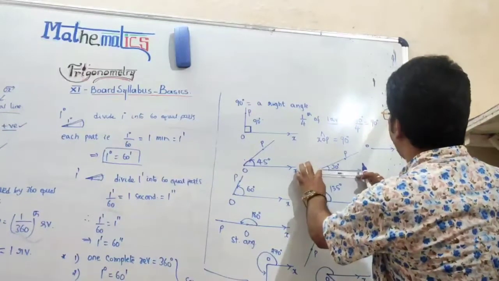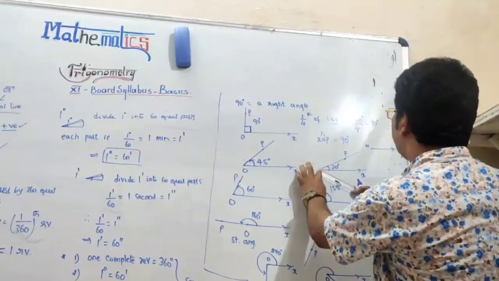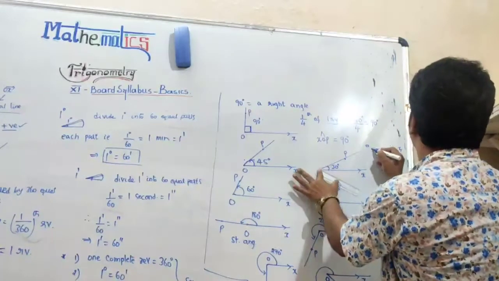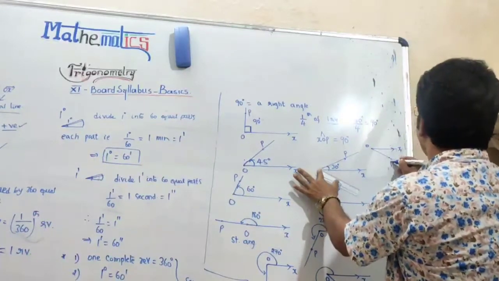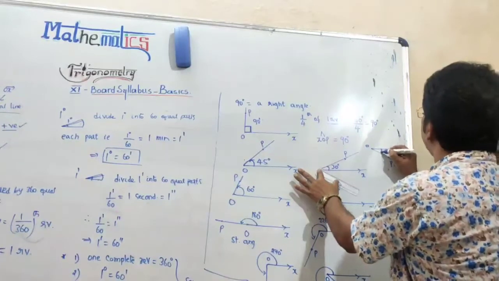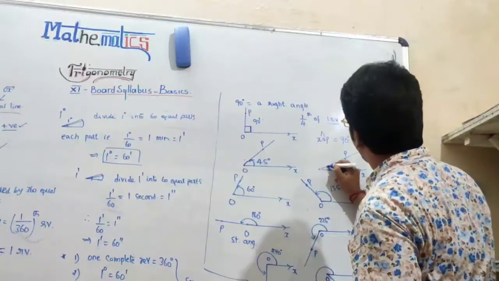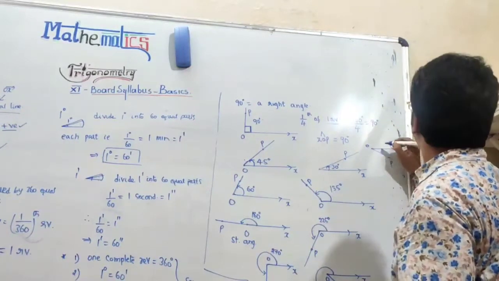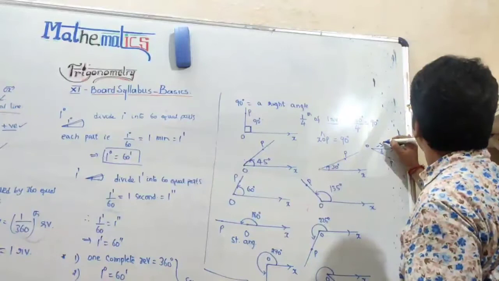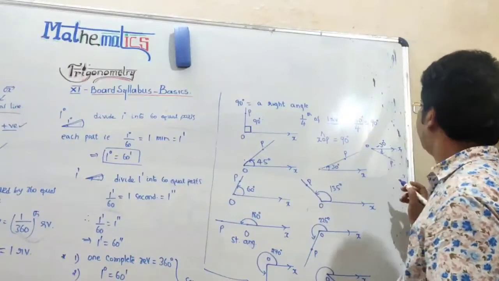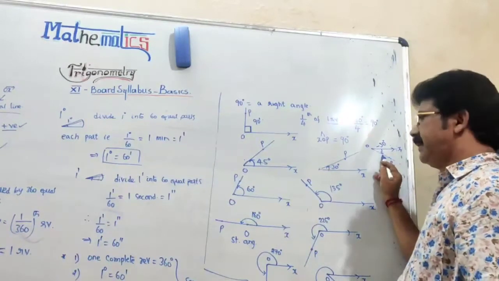In negative direction, means in clockwise direction. So therefore, this is capital P. But we have to mention the direction will be like that. Understand? This 30 degrees means it is upwards. This is downwards. So it is called minus 30 degrees. Minus stands for the direction.